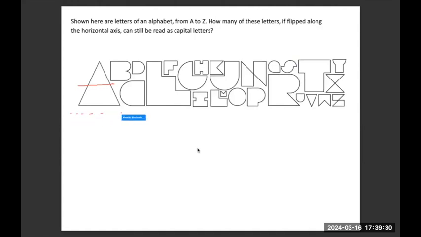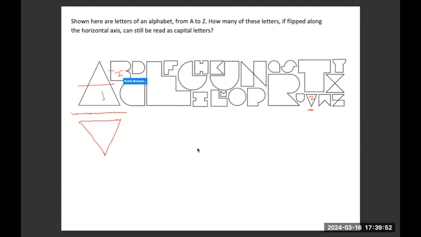When I'm flipping the letter A along the horizontal axis, it will look something like this, which means A will look like some other capital letter. So A is 1 and B is 2. When I flip B along the horizontal axis, it will look exactly the same.